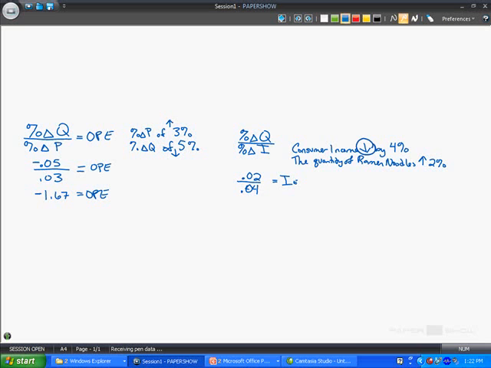This decrease signifies that we need a negative sign in front of that 4%. Then if you solve, you'll see that we end up with negative 0.5%.